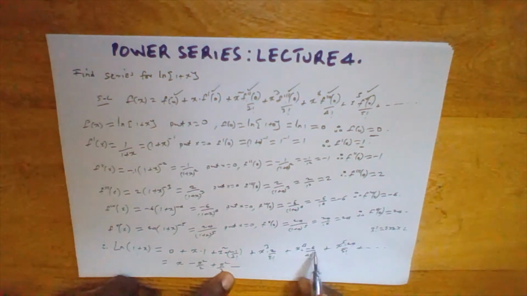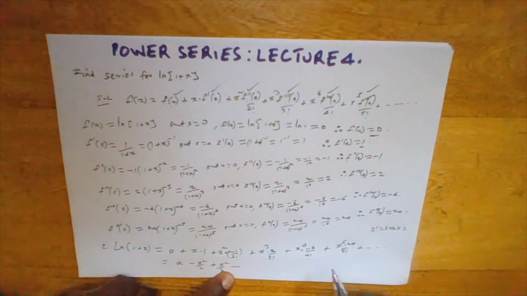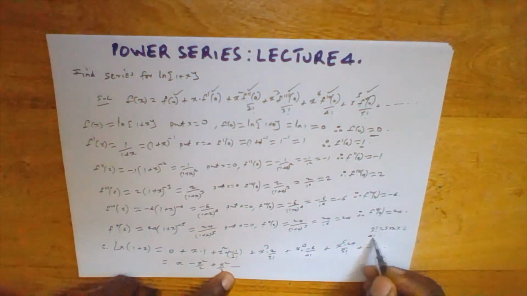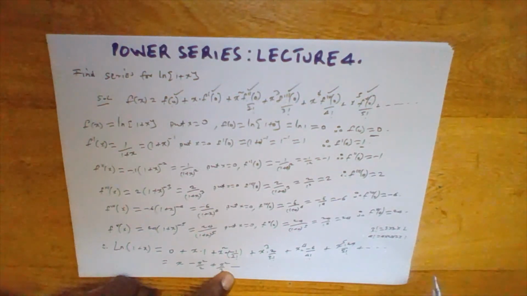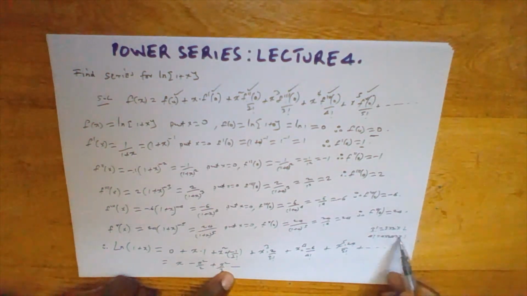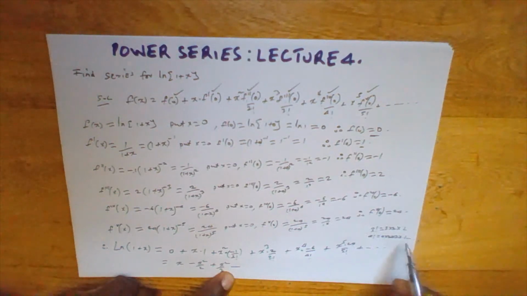Then here we have minus, now 6. Now 4 factorial is the same as 4 times 2 times 3 times 1. Now 2 times 3 is 6, times 1, so this is 6.